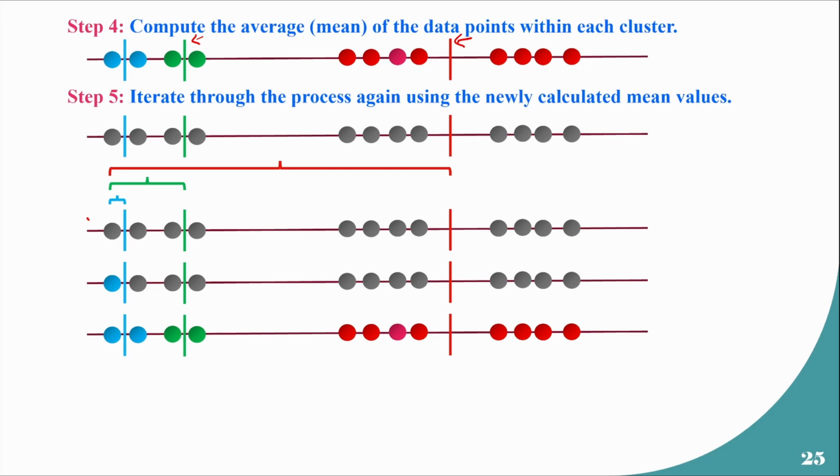Now in this particular case, if you compare with the earlier iteration, where step 4 was completed, after computing the means, considering them as the representatives of the new clusters, and then reassigning each point to the new blue, green, and red clusters, you'll notice that through this iteration, from step 4 to step 5, the distribution of the data did not change.